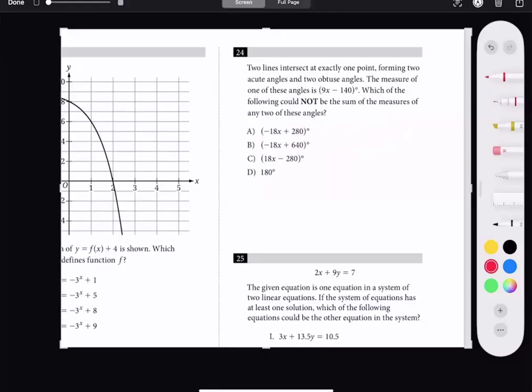So I need to understand what you did to be sure. Is that okay? Yeah, I think I can write on the board. Can you see this? Yeah. Okay, so basically, I did this times 2, so it wound up being 18x minus 280.